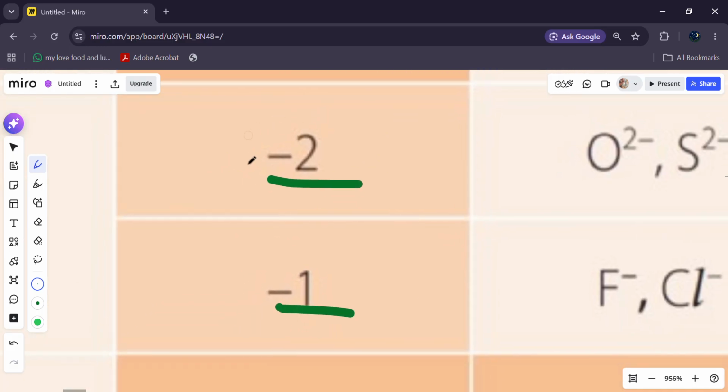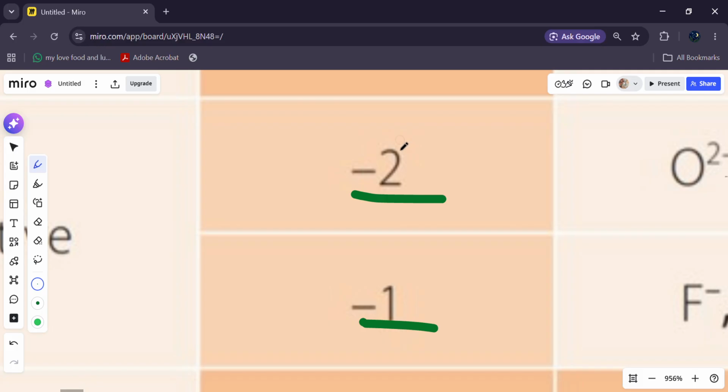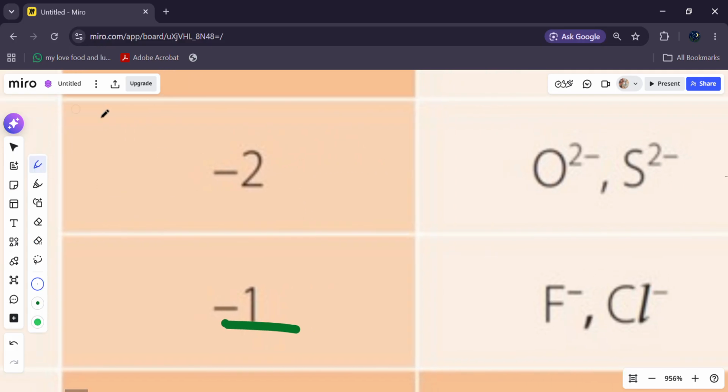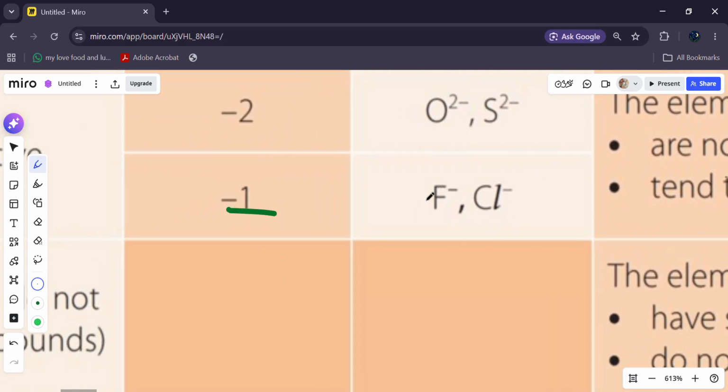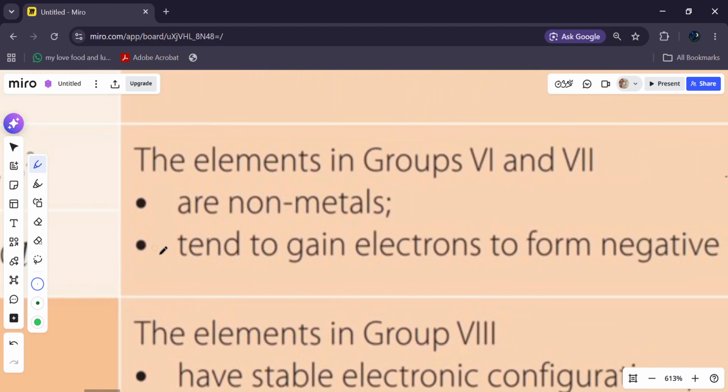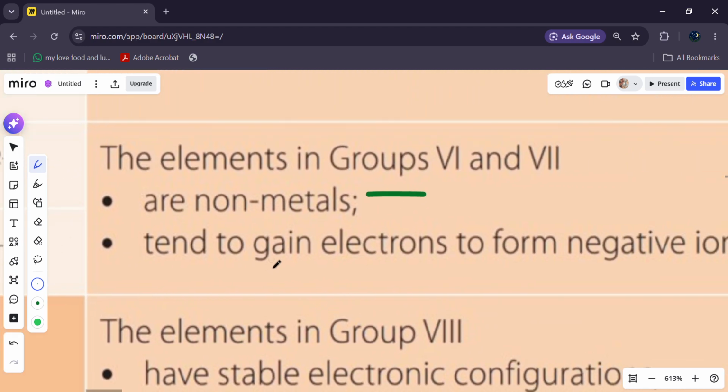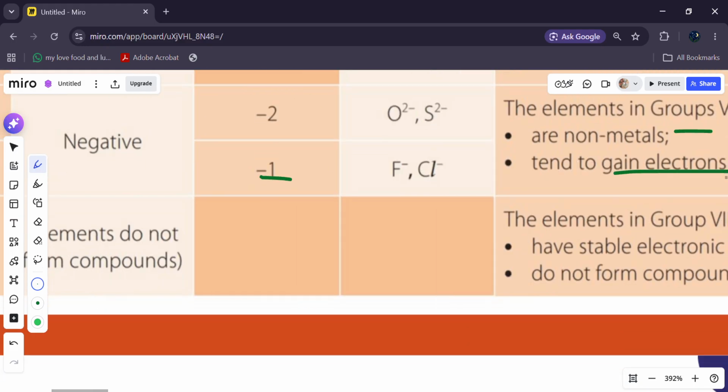This doesn't mean that it lost an electron. It gained 2 and the entire atom became negative. The 2 indicates the number of electrons that it lost or gained, and the sign shows whether it gained or lost electrons. So don't think it lost 2 electrons. No, it is because it gained 2 electrons and it became negative. They are non-metals and they tend to gain electrons to form negative ions.